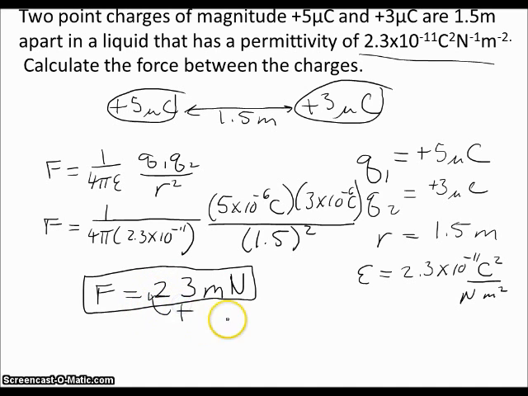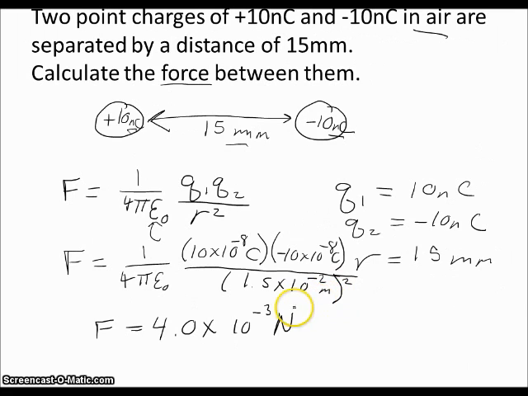Okay, so notice that the value of this force is positive. And if it's positive, that means it's a repulsive force. So that means that these two positive charges are pushing away from each other. In the previous problem, we had a negative value for force, or we should have, if I'd done it correctly.